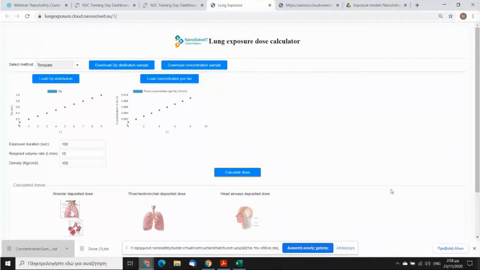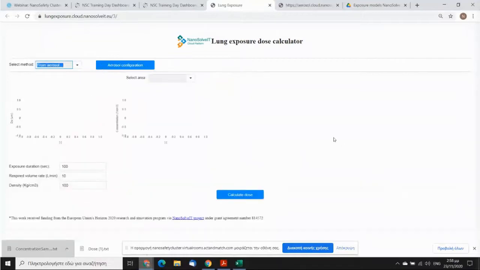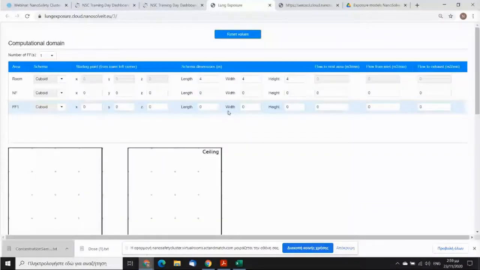So what we have done is that we have connected these 2 applications. This is what the method from aerosol does. Here, instead of providing any information, I compute it, or I take it right away from the aerosol application. If I press aerosol configuration, it pops up the GUI of aerosol.